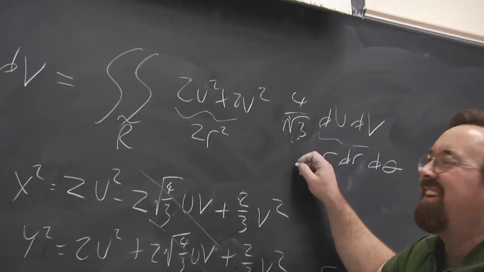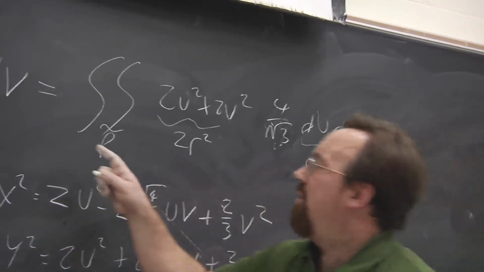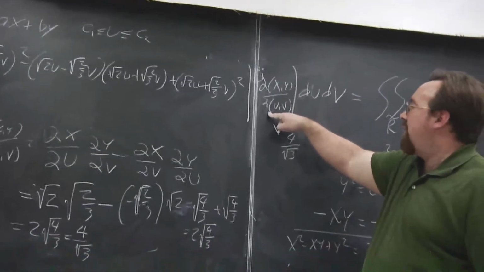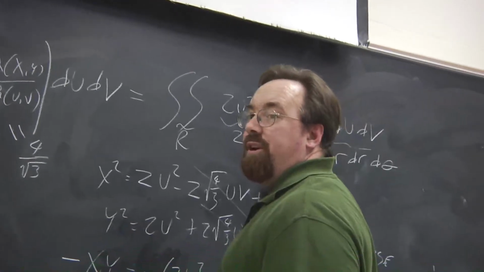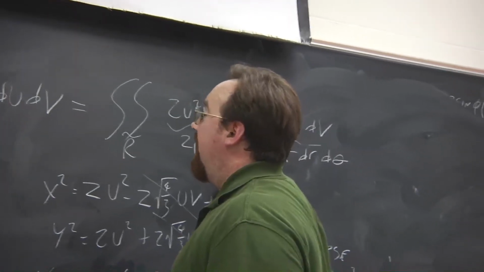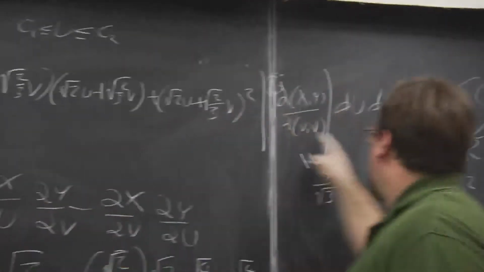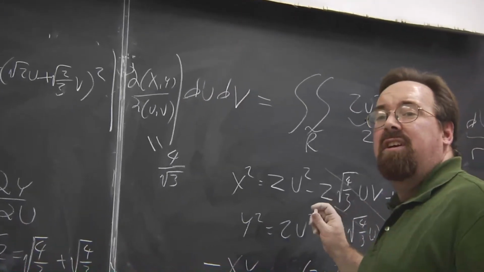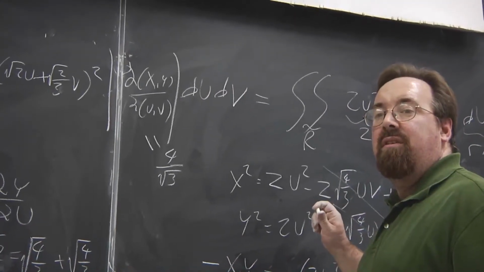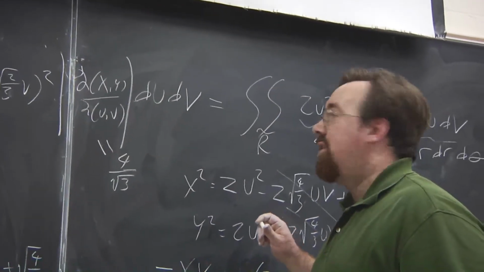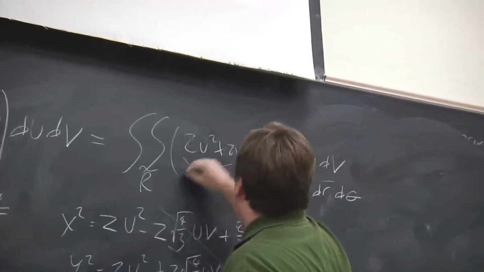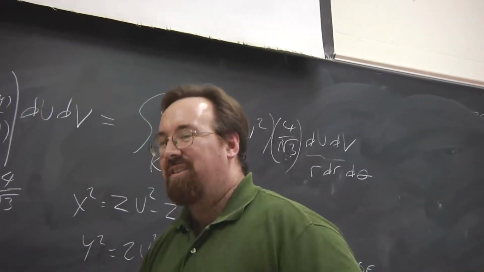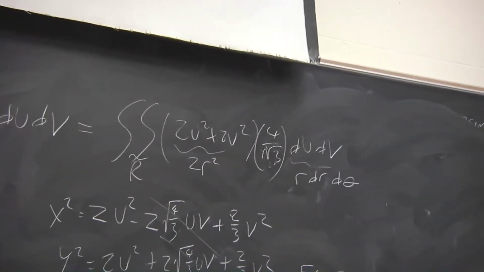Because we got all of this from over here, where the Jacobian of the transformation turned out to be this 4 over square root of 3. Right. And then once we simplified all this is where this came from. Right. And then we have a du dv. I understand that, but is there supposed to be a gap there? No, all of this is multiplied together. Okay, yeah, it's all together one integral.